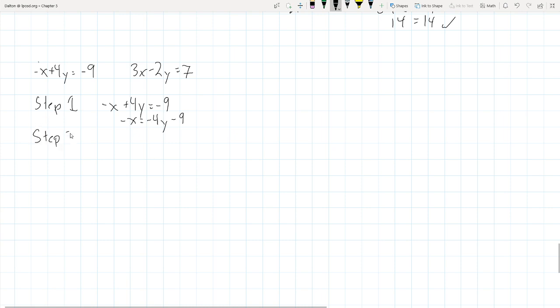Step 2, they have 3 parentheses negative 4y, apologies, minus 9, minus 2y equals 7. Then we get negative 12y minus 27 minus 2y equals 7. We get negative 14y equals 34. And then we get y equals negative 17 over 7.